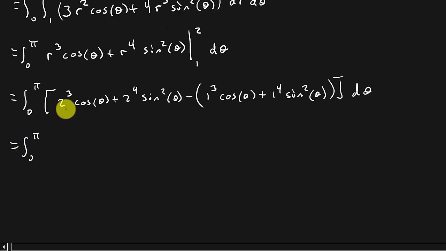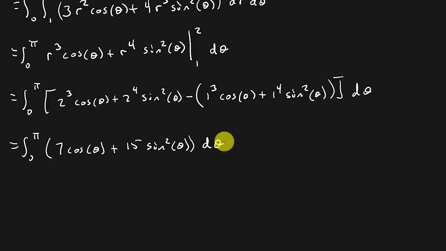All right, so let's see what we've got. 8 cosine theta minus 1 cosine theta is 7 cosine theta. And 16 sine squared theta minus 1 sine squared theta is plus 15 sine squared theta d theta. So we've simplified and combined our like terms, and now I've got to integrate this.